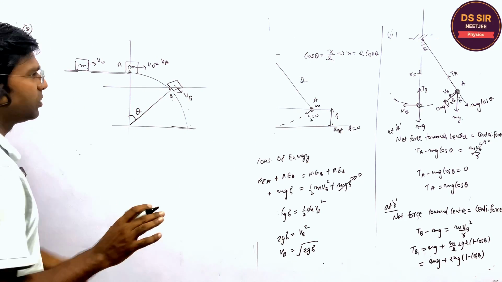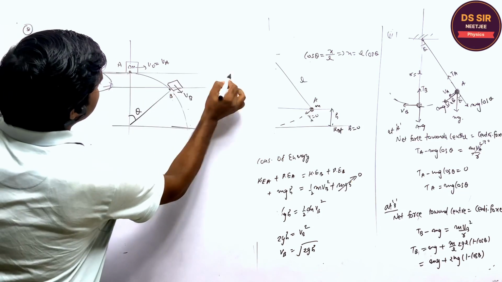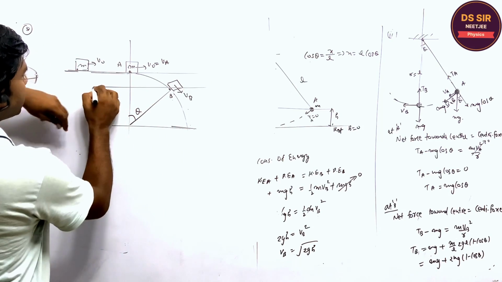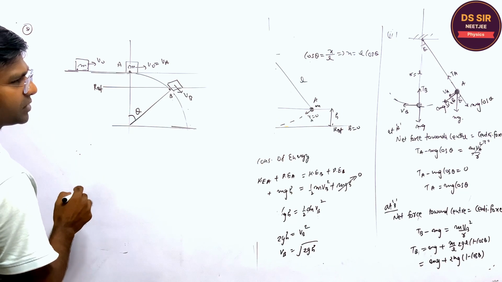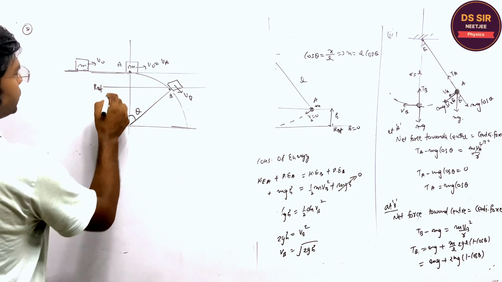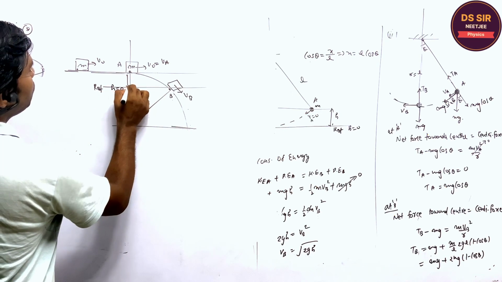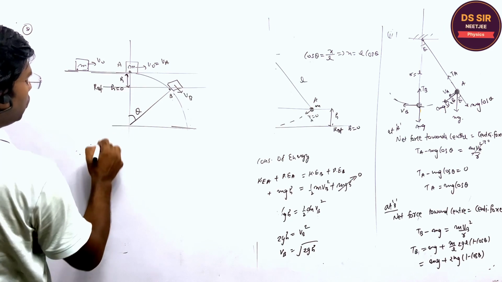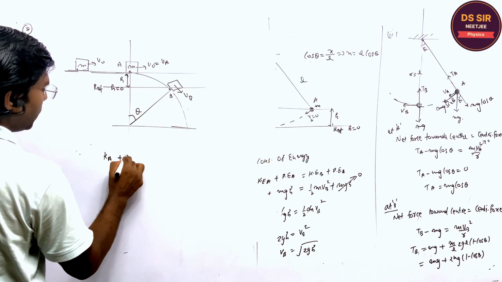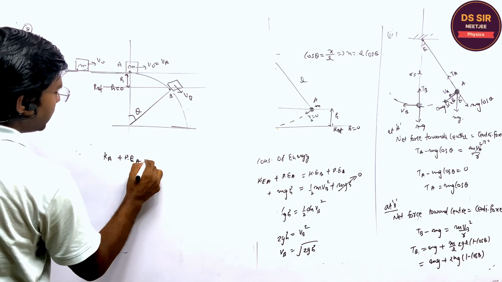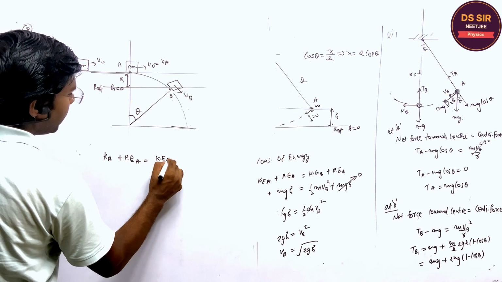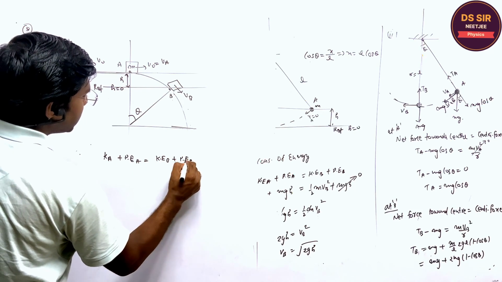Is it clear or not? So can we find? Yes, we can find. If we take this lowest point as the reference for the potential energy, here h is equal to 0 and this is the h. So the kinetic energy at A plus potential energy at A is equal to kinetic energy at B plus potential energy at B. Is it clear or not?